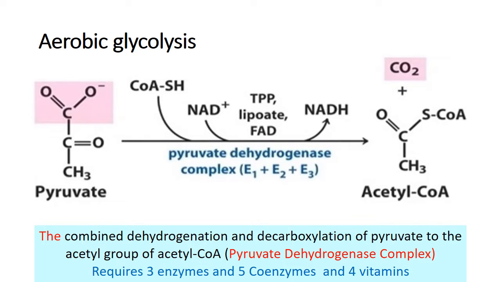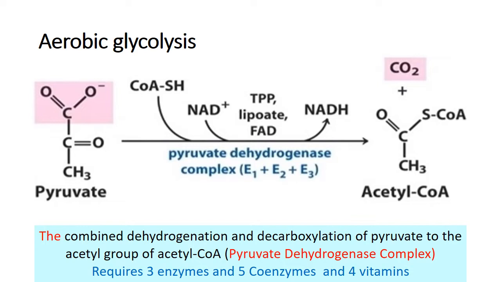E1 first catalyzes the decarboxylation of pyruvate, producing hydroxyethyl thiamine pyrophosphate, and then the oxidation of this hydroxyethyl group to an acetyl group. The electrons from this oxidation reduce the disulfide bond of lipoate on E2, and the acetyl group is transferred into thioester linkage with one SH group of reduced lipoate.